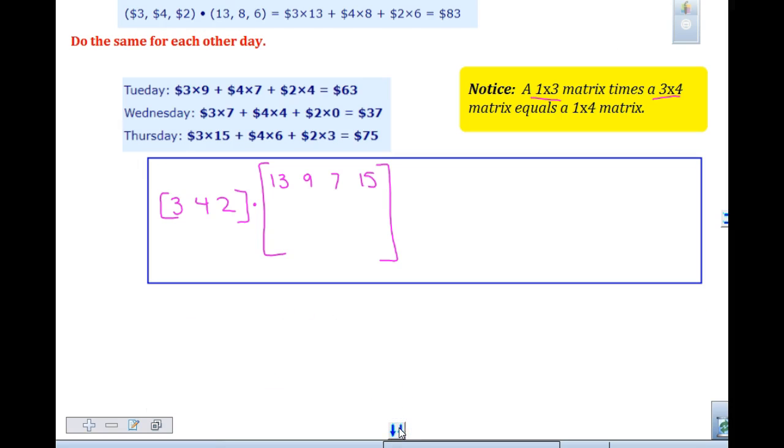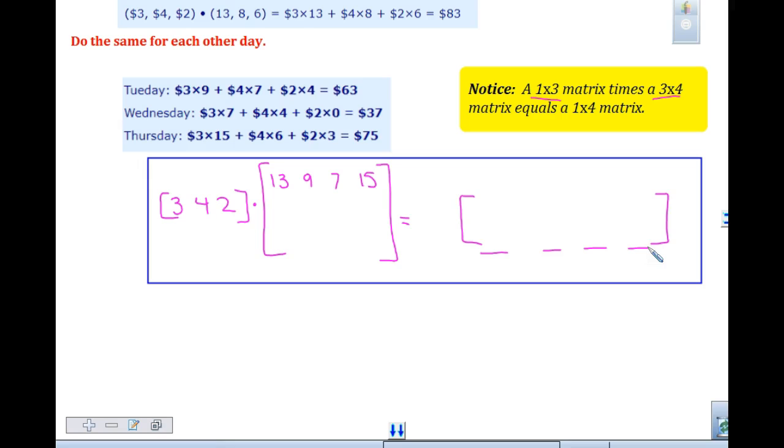And if you can, so that you have room to show your final answer, our final answer is going to be a 1 by 4. Okay?